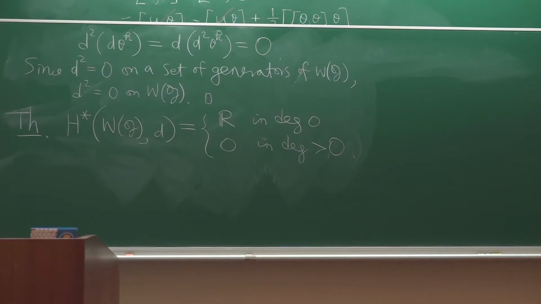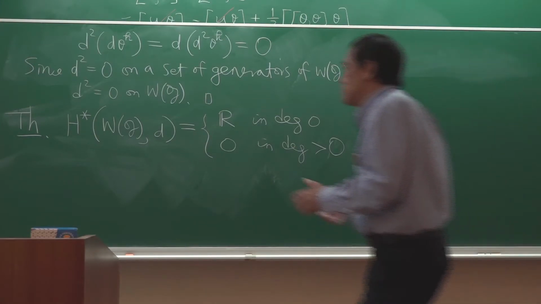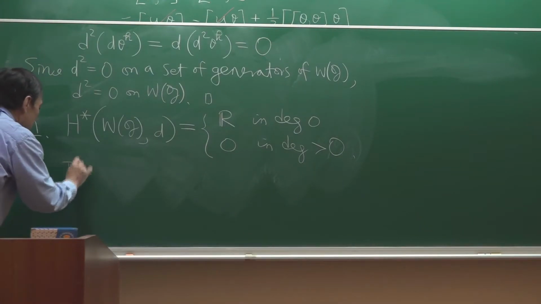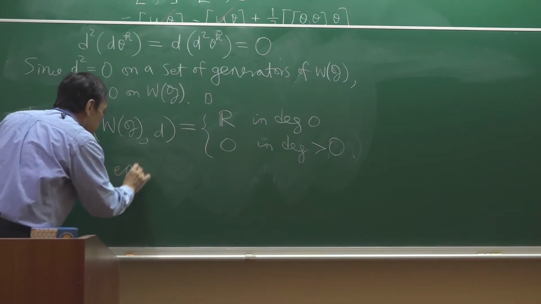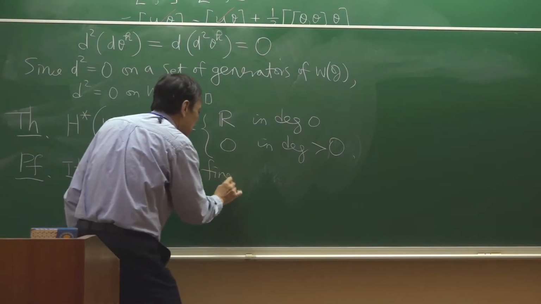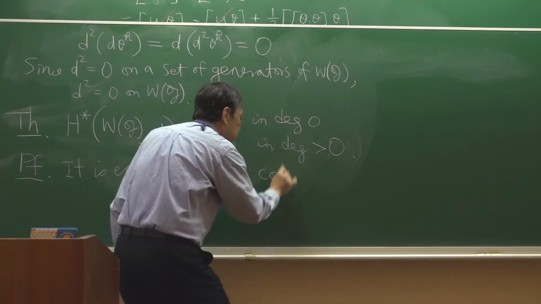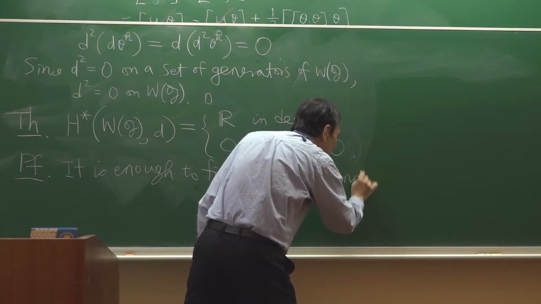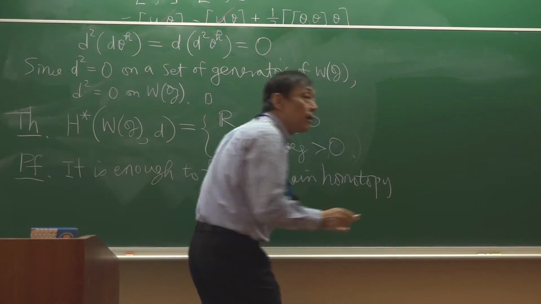Yeah, well, okay. So the method is you find what's called a co-chain homotopy. So it is enough to find a co-chain homotopy.